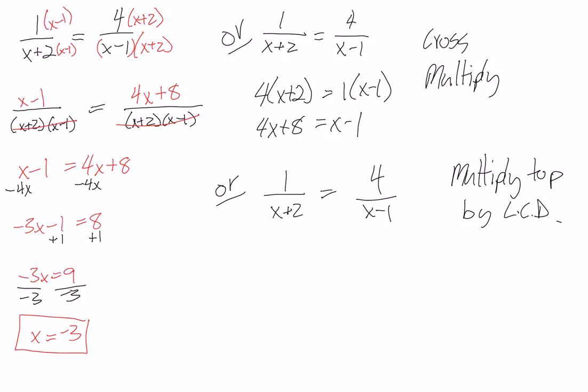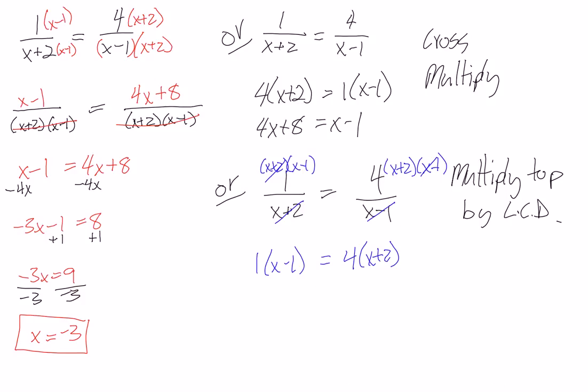So we already knew in the first question our common denominator was both the x plus 2 and the x minus 1. If we multiply both sides by x plus 2 and x minus 1, then we can cancel the fractions. We have an x plus 2 that goes away on that one, and an x minus 1 that goes away on this one. So we end up with 1 times x minus 1 on that side and 4 times x plus 2 on that side. So you can see we get back to the exact same equation again.